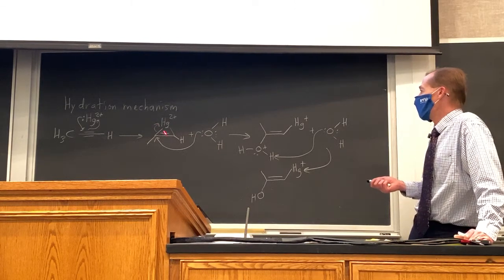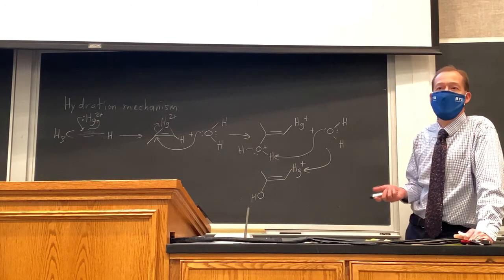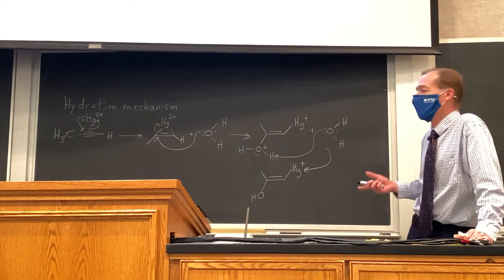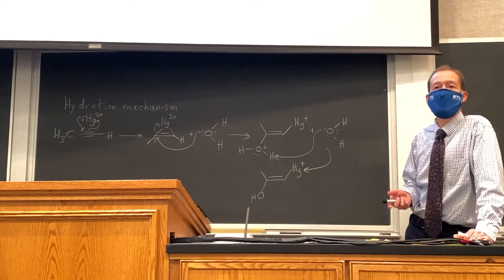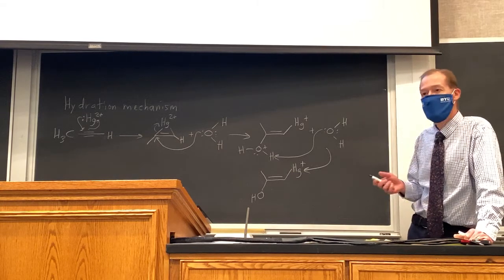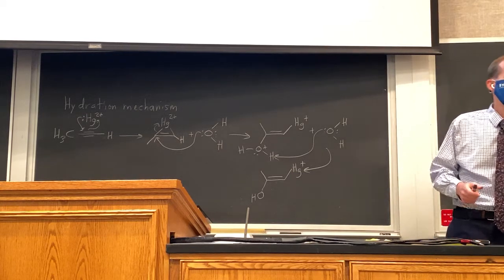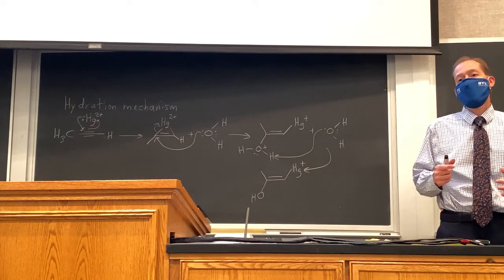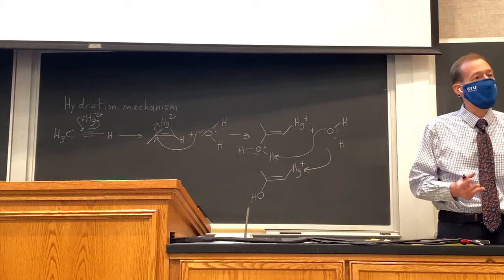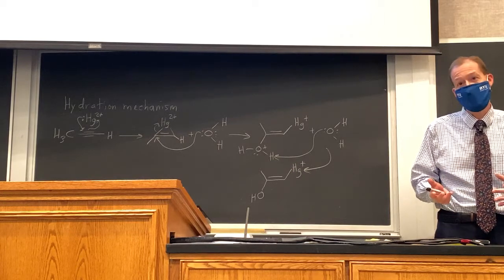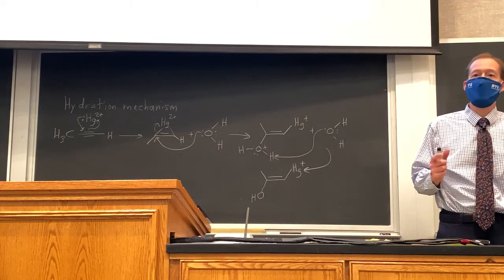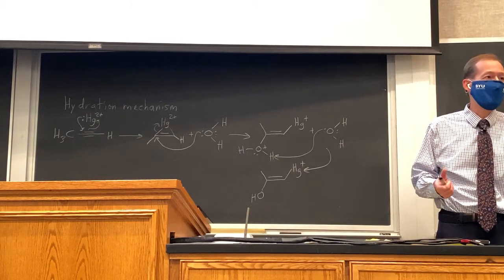So once we form this species, which we could call a mercurinium ion, then it is going to be attacked by water. And it's going to be attacked by water at the more substituted carbon. So we know that when we have halonium ions or protonated epoxides, our nucleophiles open those three-membered rings at the more substituted carbon because the bond breaking is more advanced than the bond forming at the transition state.